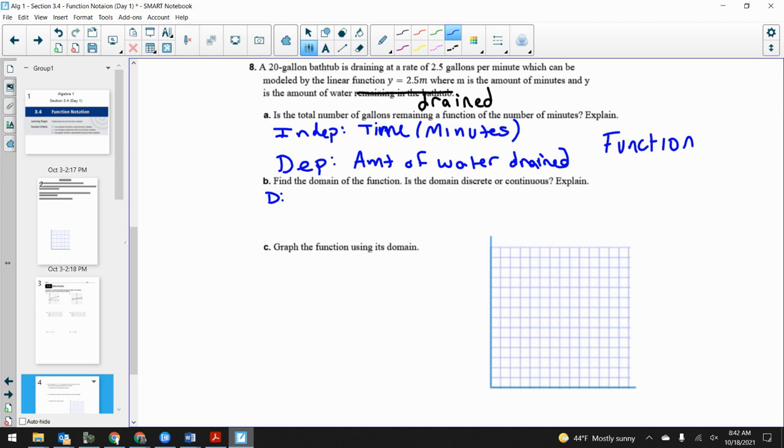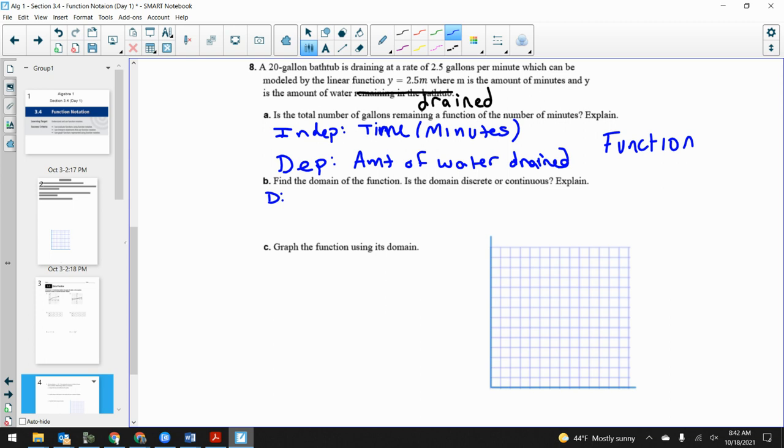No, that doesn't happen like that. This is continuously draining out of the tub, right? The water is continuous, and I'm kind of giving away the next answer, but it's continuously draining out of the tub. It's not like it's happening in chunks. It's happening continuously.